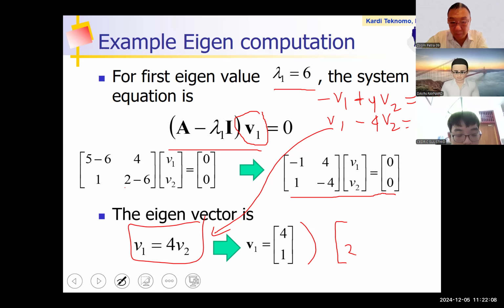Then V1 becomes 2 times 4, which is 8, isn't it? If V2 is 3, what will happen? You will get 12, isn't it? Is it clear or not? Okay, this is the equation of a line, so you can put any values.